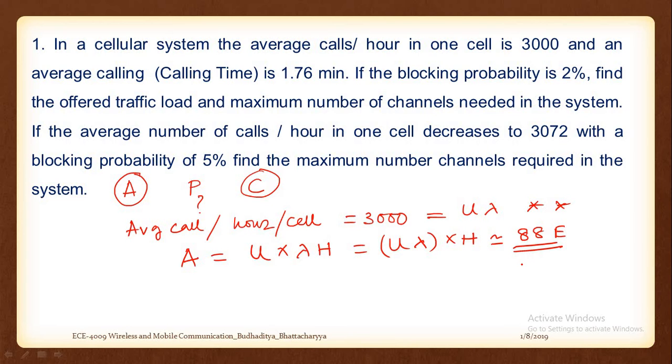So this is my A. Now you have A, and the probability is 2%. Can you give me the entry value of the channels? 15 channels. 2% blocking probability. Anyone with the tabulation? Check it properly.